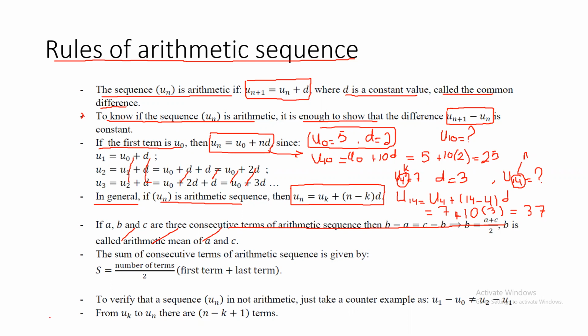ليش أخذنا U47؟ Given this example: suppose that U4 equals 7, D equals 3, and I need to calculate U14. Any example?